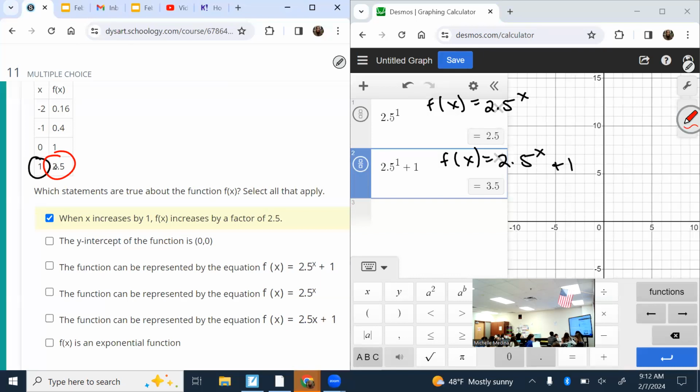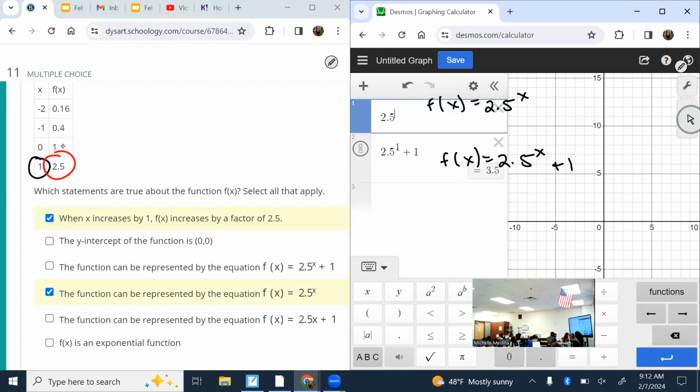Which equation should I pick? The one that is the 2.5 to the x. Because when I plug in my x values into this one, I do get the same y values that I'm getting in my table. So you can even try the other ones.